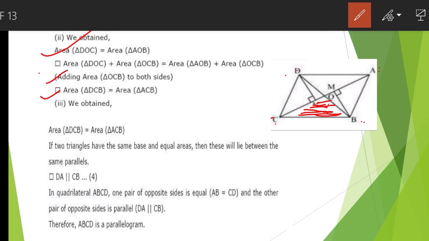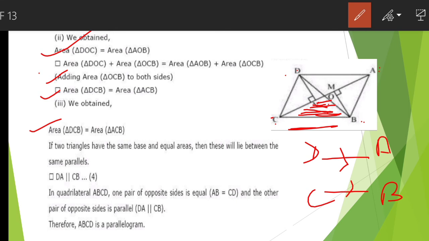Now in the last part we have to show that DA and CB are parallel to each other. We already have area DCB and area ACB equal. Since they have a common base and the areas are equal, if two triangles have the same base and equal area, then they lie between parallel lines.